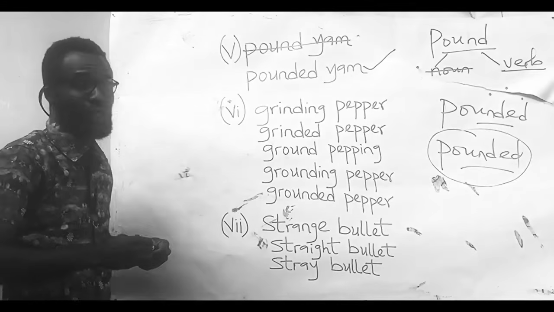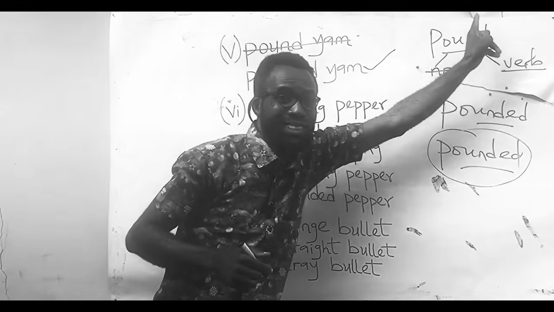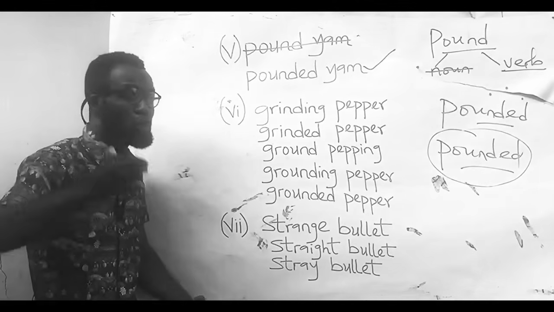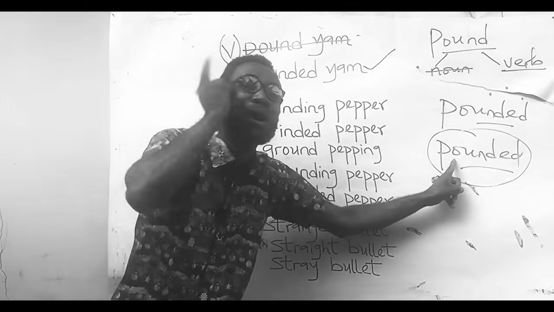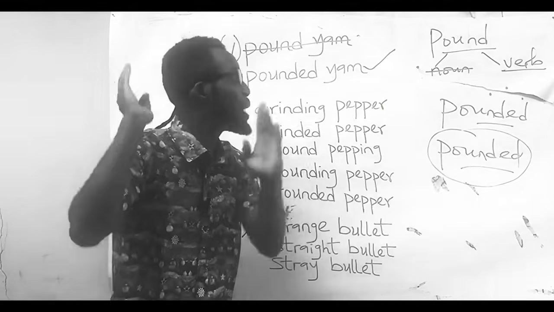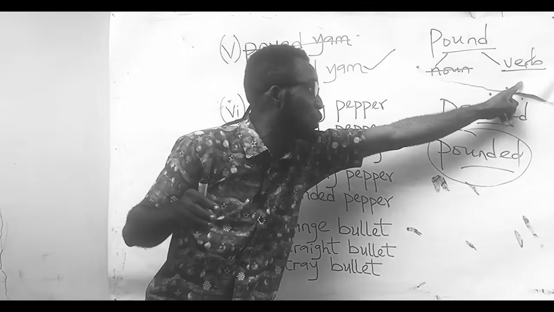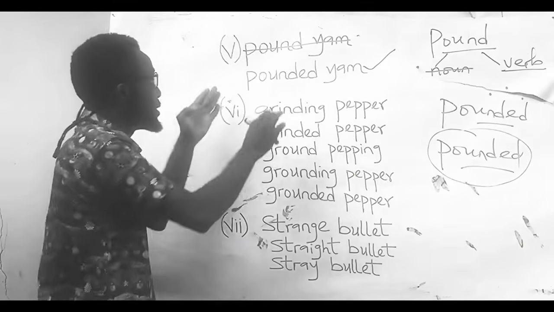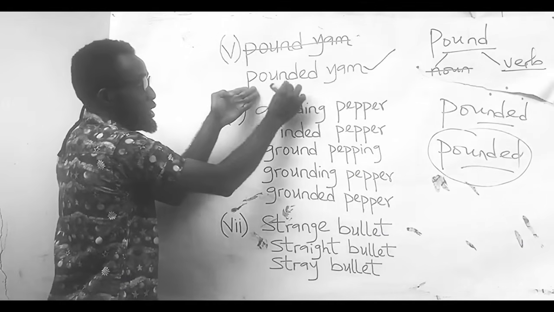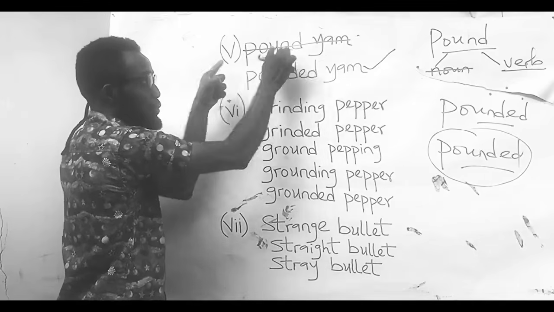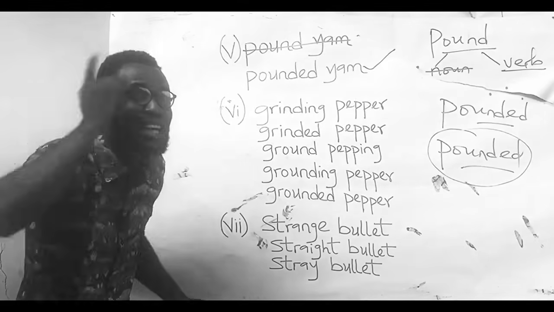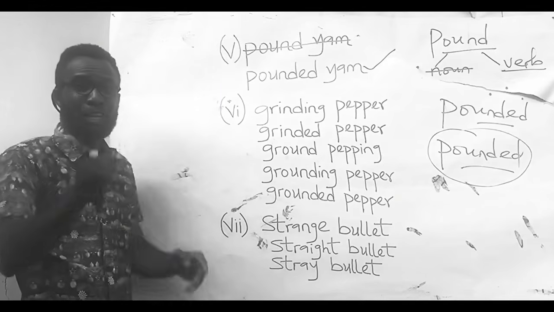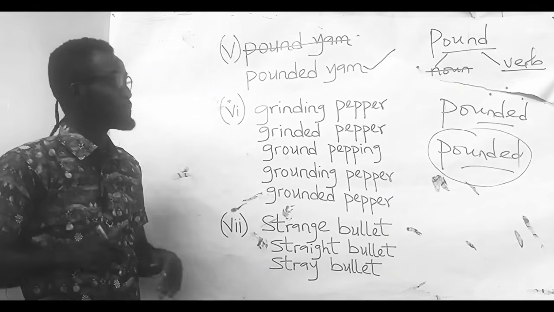If you are using a verbal word adjectively, that is, to qualify a noun, you are expected to use the past participle. And the past participle of pound as a verb is pounded. That is why it is pounded yam, with pounded used adjectively to qualify the noun yam. So it is pounded yam and not pound yam. I believe that is understood.